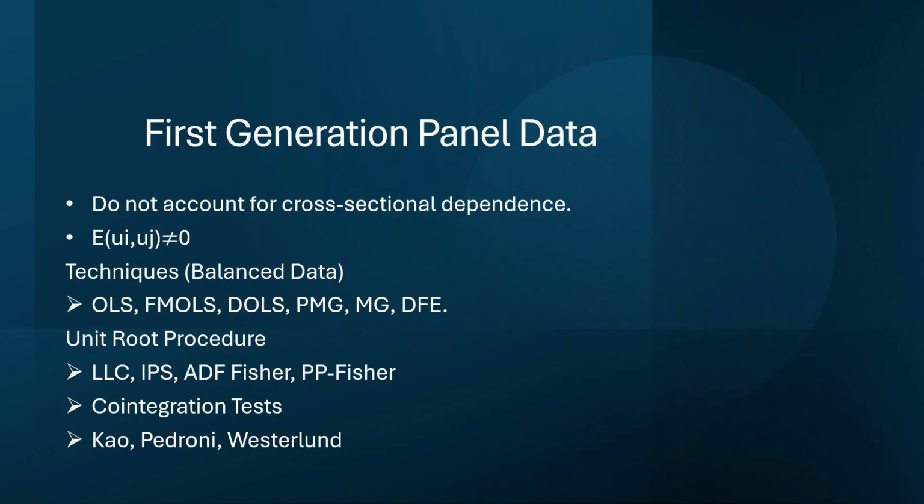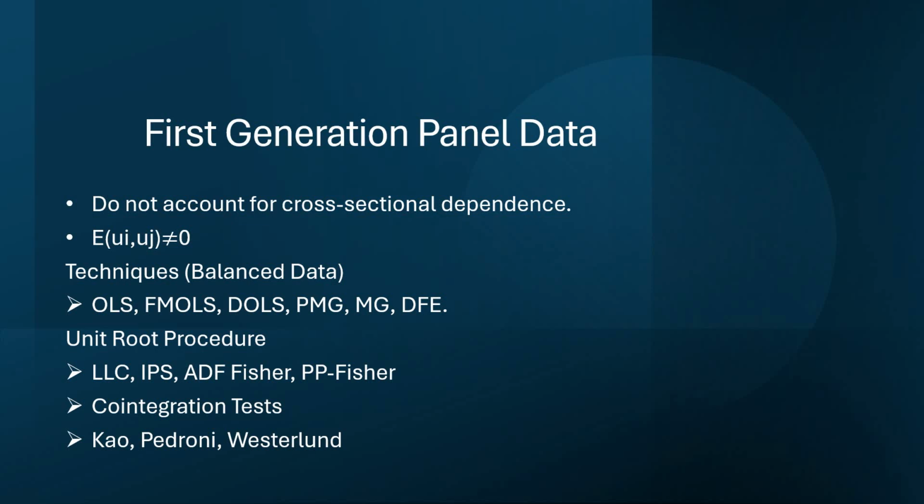So the expected value of the error term in maybe Nigeria and the expected value of the error term in South Africa are not equal to zero as they should be. When two error terms in two given countries are not equal to zero, there's cross-sectional dependence. First generation panel data econometrics does not account for cross-sectional dependence.